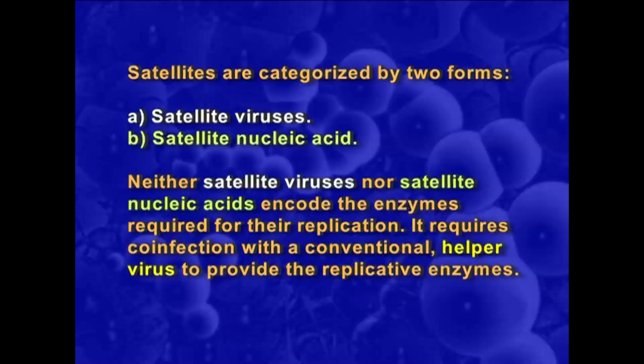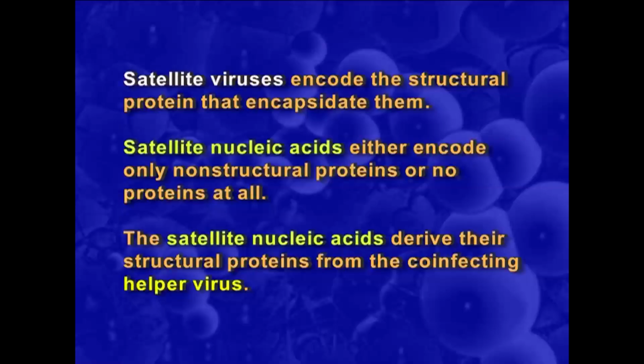So, they are solely dependent on helper viruses to provide them with the enzymes needed for the replication of their genomes. But there was a difference: satellite viruses were able to synthesize certain structural proteins responsible for the encapsulation of their genomes. On the other hand, satellite nucleic acids can synthesize only non-structural proteins. They are solely dependent on helper viruses for their packaging.